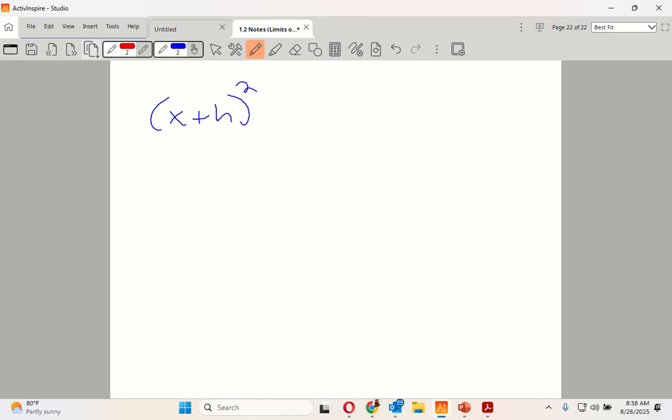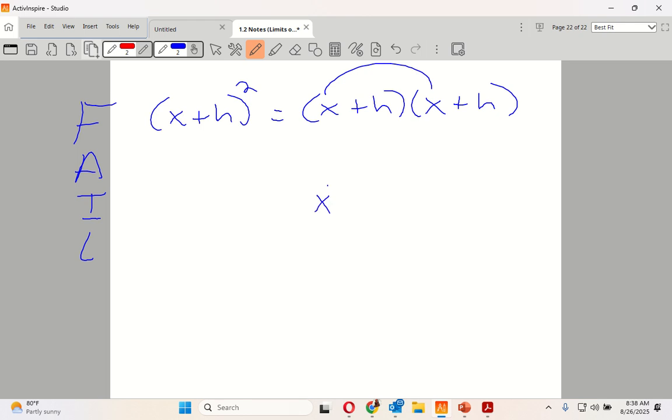Remember that neat trick I showed you guys? Or if you forgot about it already, it looks like this. There's a pattern. So first, all the way across, inside, and last.